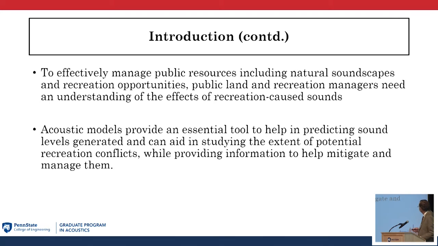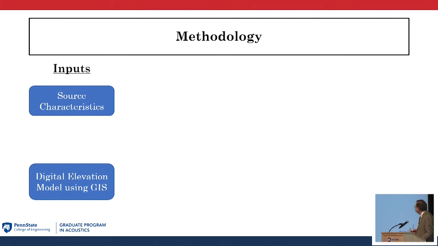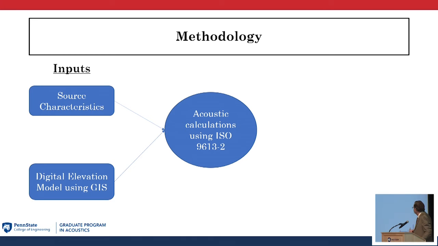So again, the idea is we're trying to develop good policies that can be used in natural environments, either state parks or national parks. And we've been working with those folks to develop acoustic models that they can use. So the basic idea is to understand the input, and by understanding the terrain of the park, use digital elevation mapping.